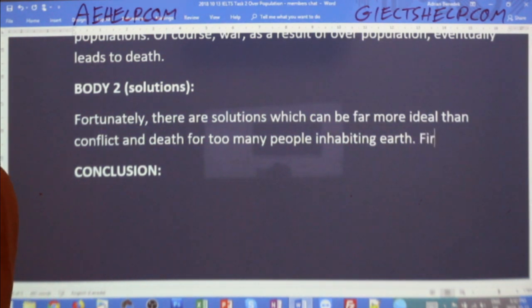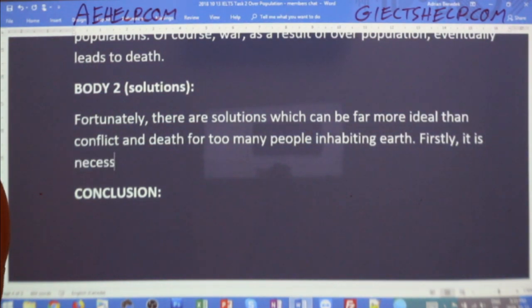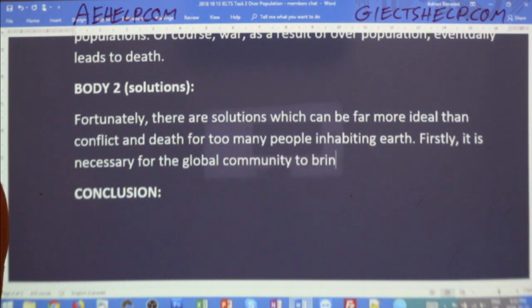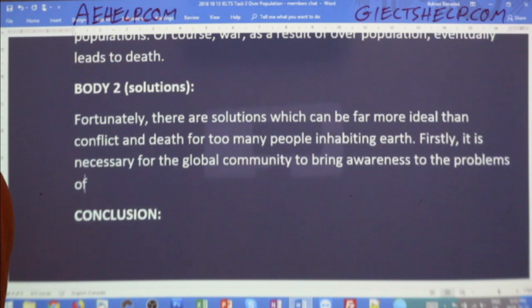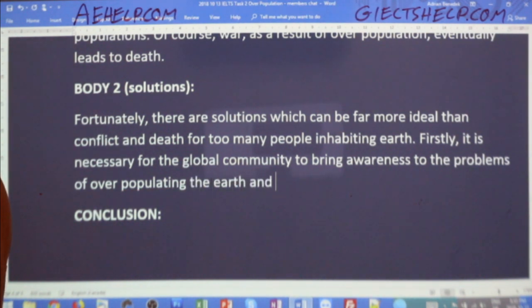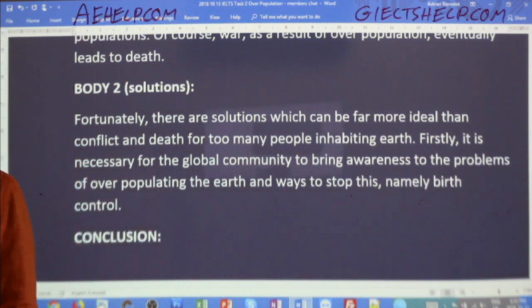Firstly, and here you can list, it is important, or it is necessary, for the global community to bring awareness to the problems of overpopulating the earth and ways to stop this, namely birth control. Okay? So something like that.